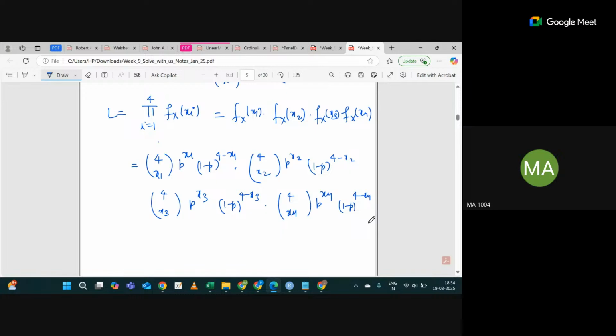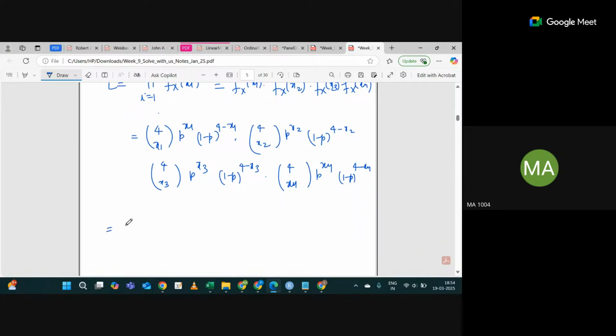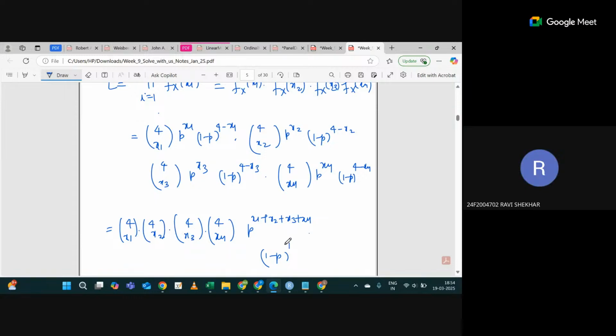Now if you observe clearly, I can write 4Cx1 times 4Cx2 times 4Cx3 times 4Cx4, and p raised power, I can add all these powers, x1 plus x2 plus x3 plus x4, into (1 minus p) raised power (4 minus x1) plus (4 minus x2) and so on, so basically 16 minus (x1 plus x2 plus x3 plus x4).